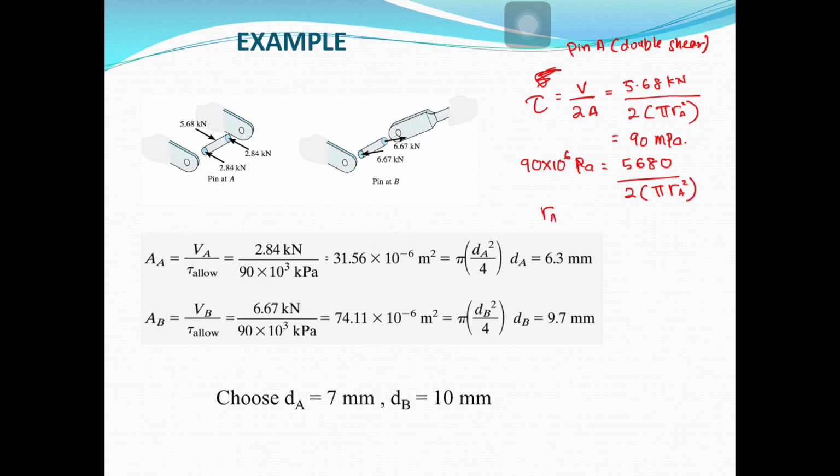So you can find rA. Take your calculator, so you have 90 E6 times 2 times shift pi, right, 5680 answer, and then square root.